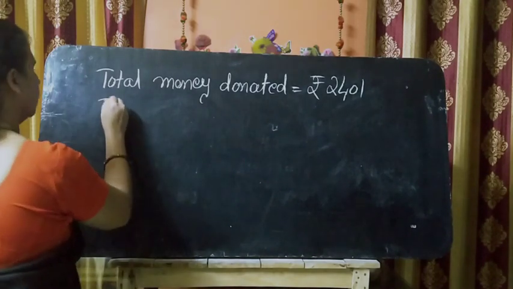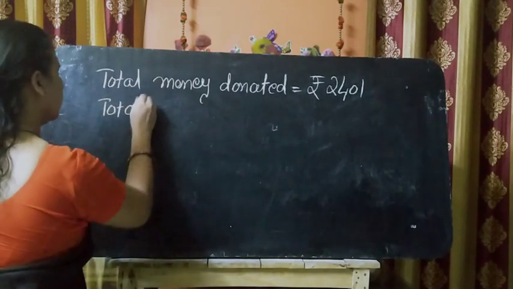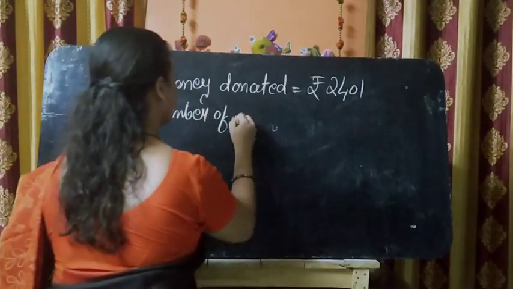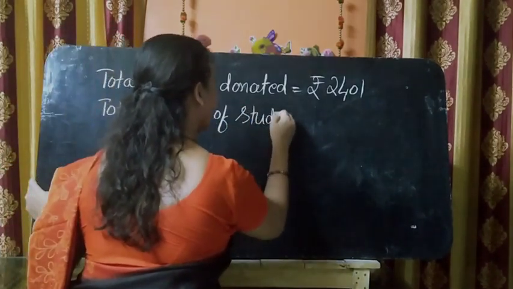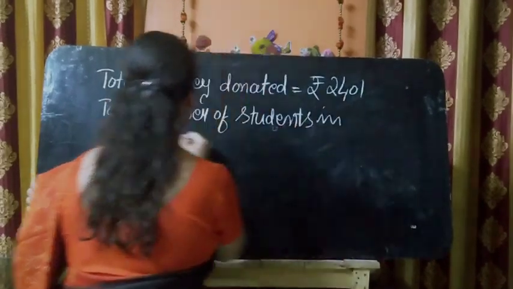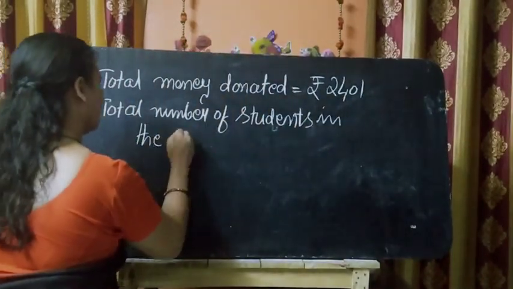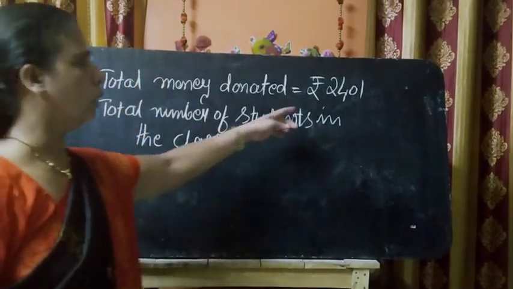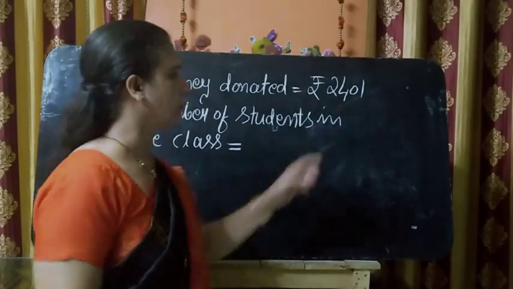Then total number of students in the class equals square root of this number.